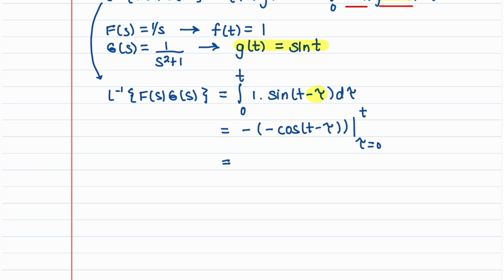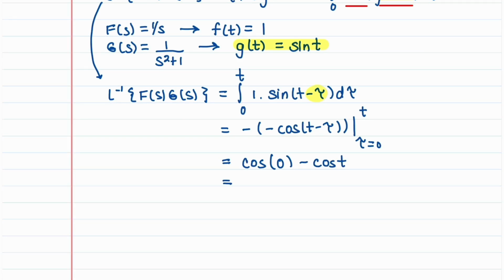The two negatives combine, and we just have cosine of (t minus t), so that's cosine of 0 minus cosine of t. So the inverse Laplace transform is equal to 1 minus cosine of t. Convolution provides a nice alternative method to using partial fractions to find an inverse Laplace transform.